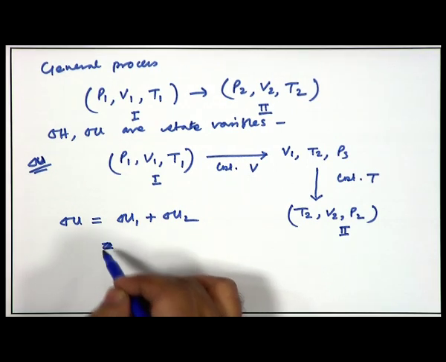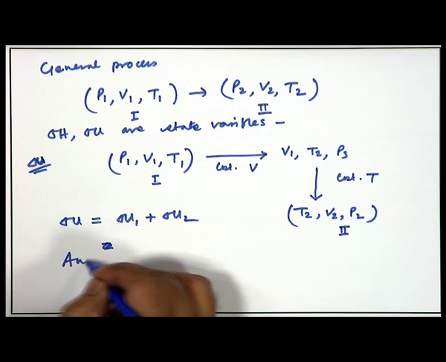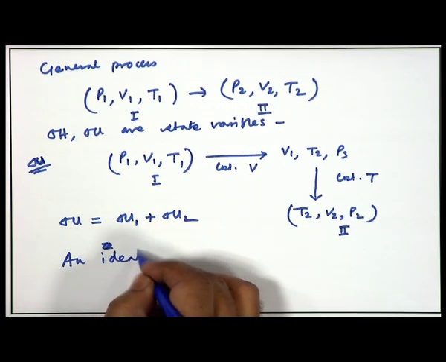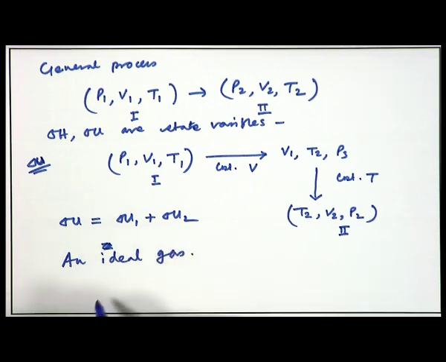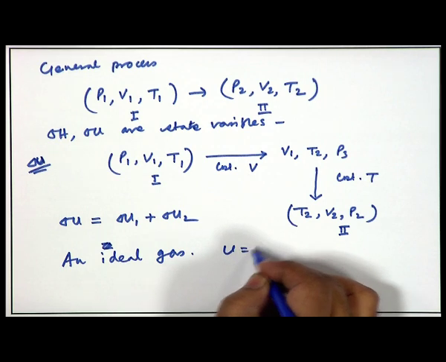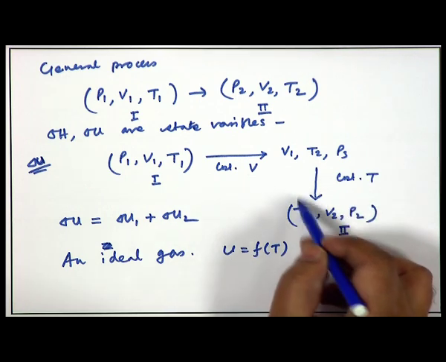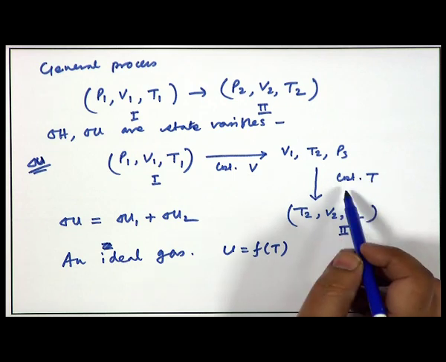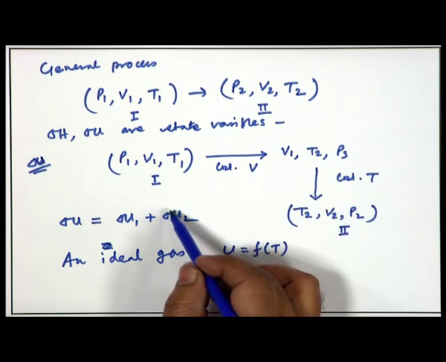Now, if you consider a simple case of an ideal gas, what do you know? For an ideal gas, U is only a function of temperature. So, if temperature is fixed, then del U would be 0, which means for the second step, where temperature is constant, del U would be 0.